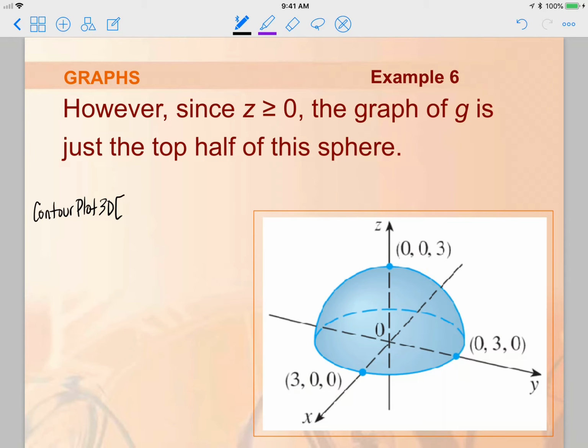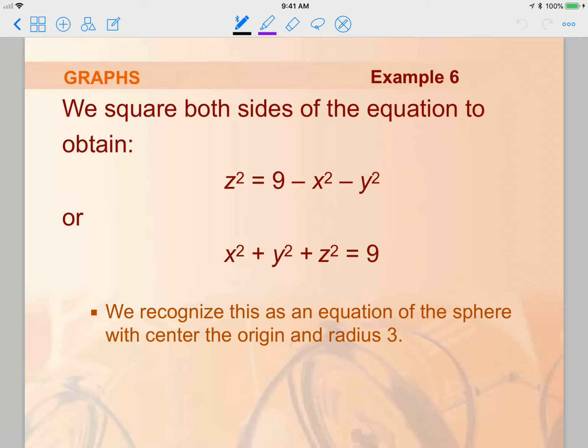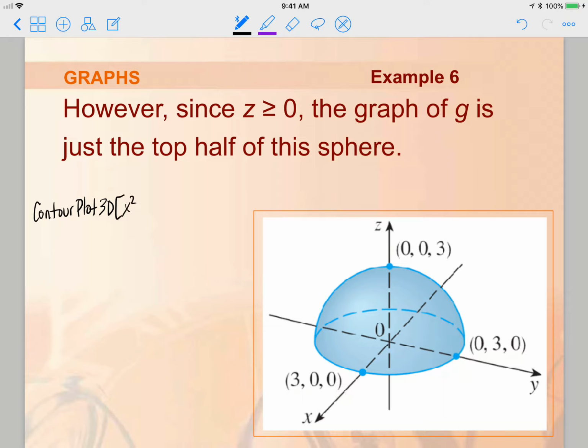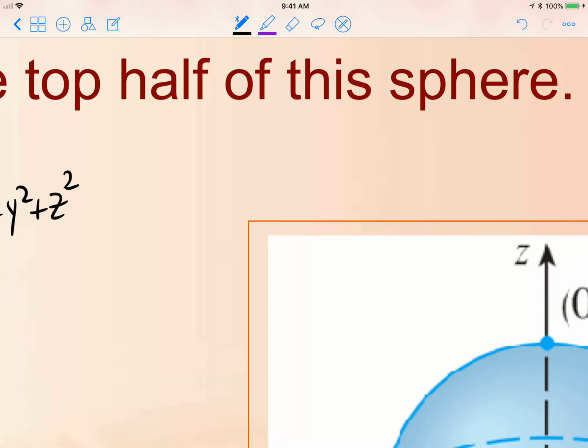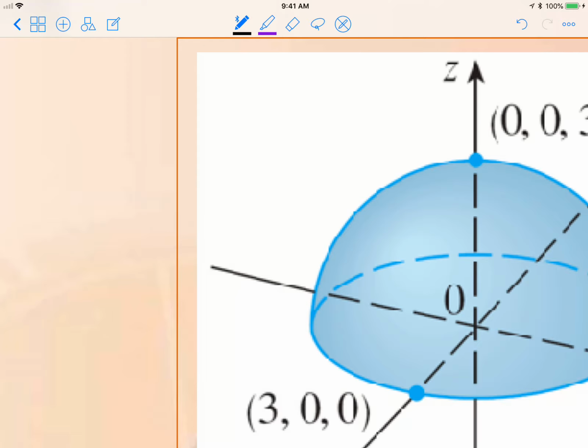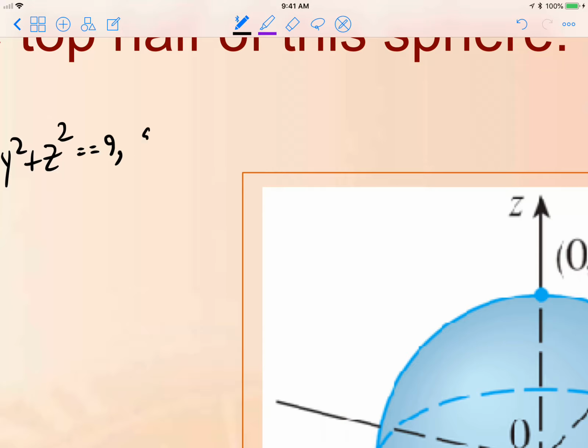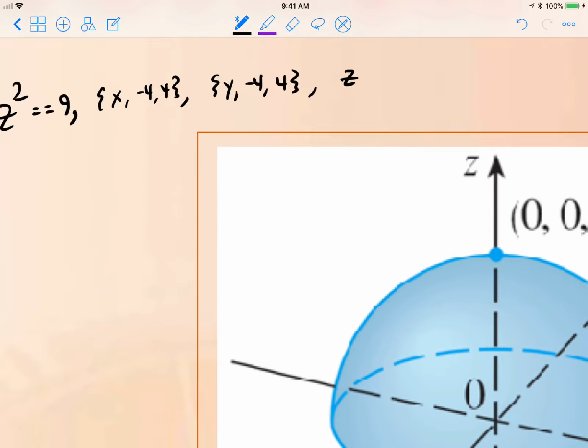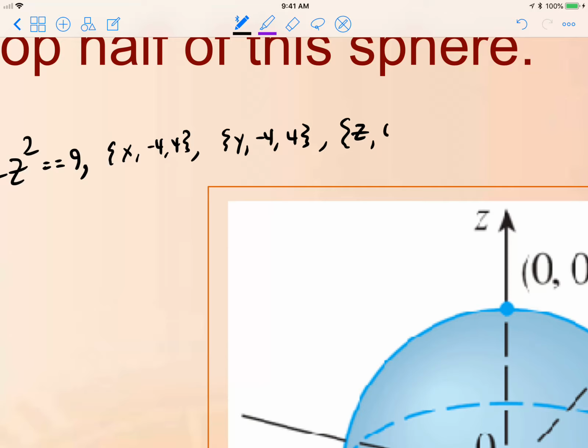And we could have x squared plus y squared plus z squared equals 9, and then x from, say, negative 4 to 4, y from negative 4 to 4. And now for z, because we just want the top half, we could put z from 0 to 4.